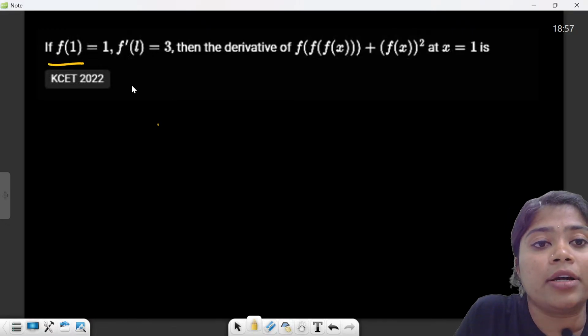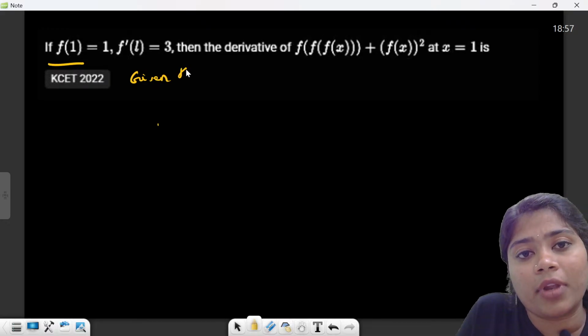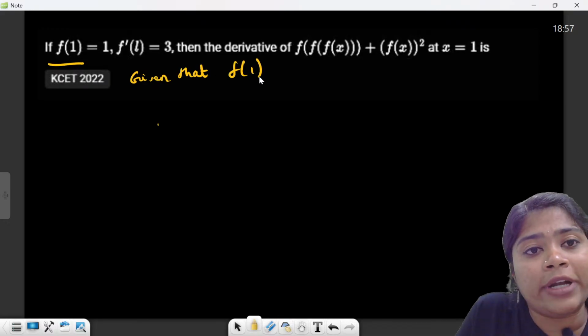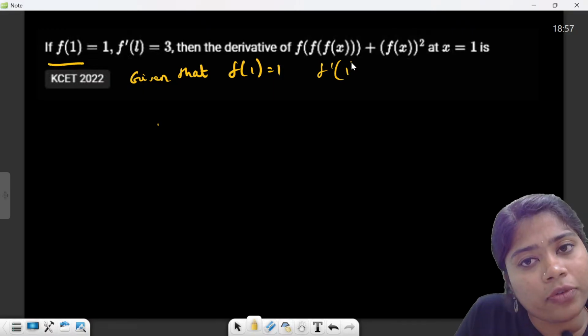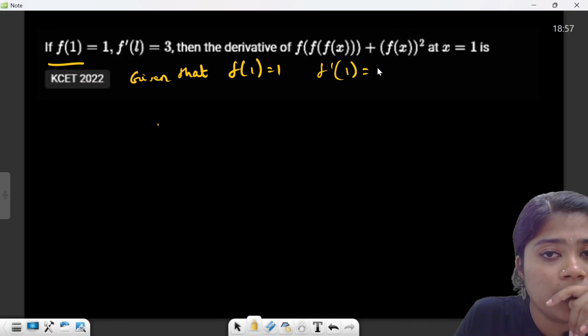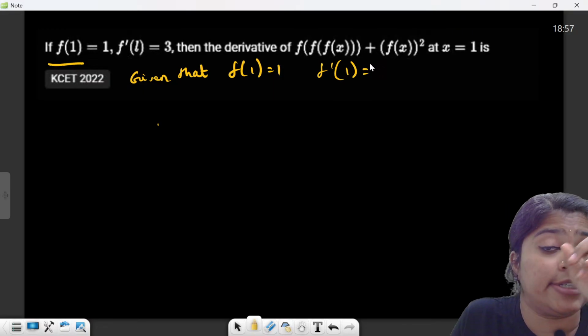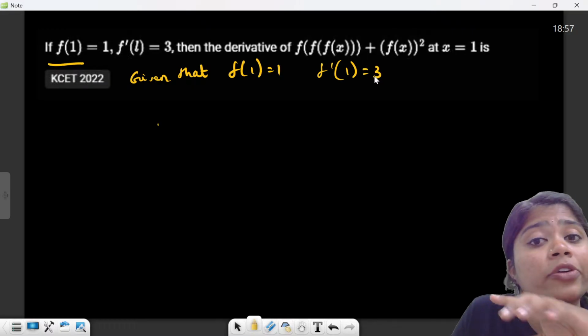Look, here it is given that f of 1 is equal to 1, and f dash of 1 is equal to 3.